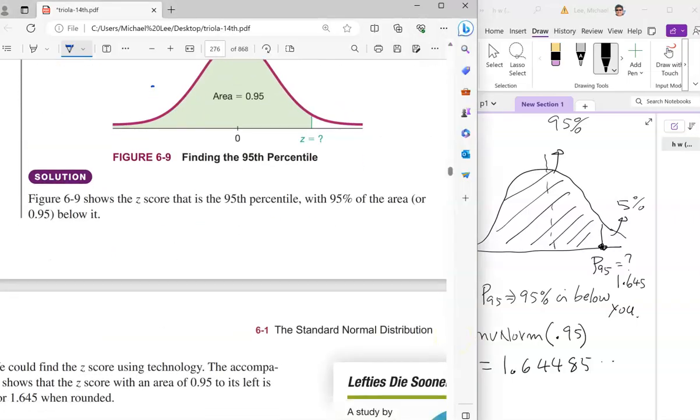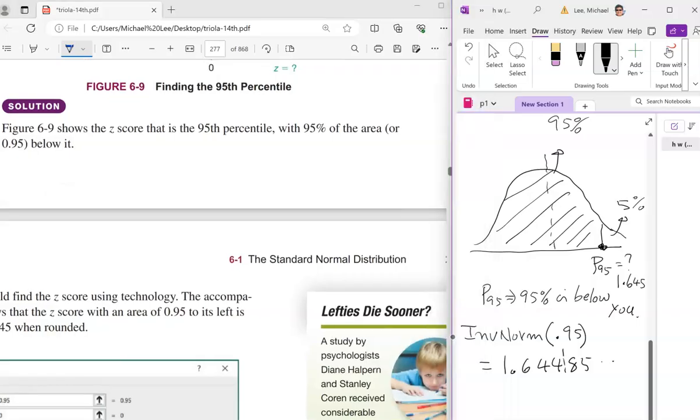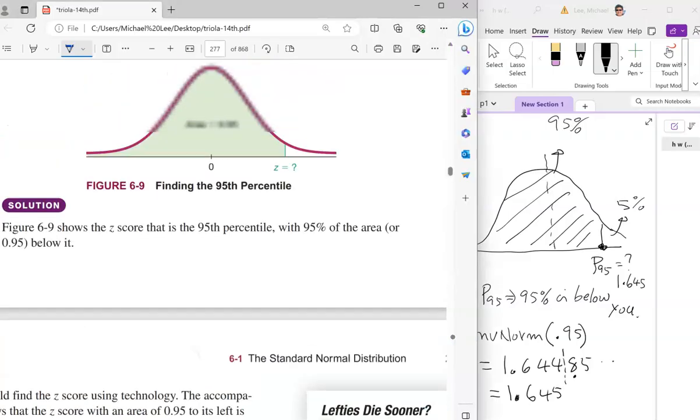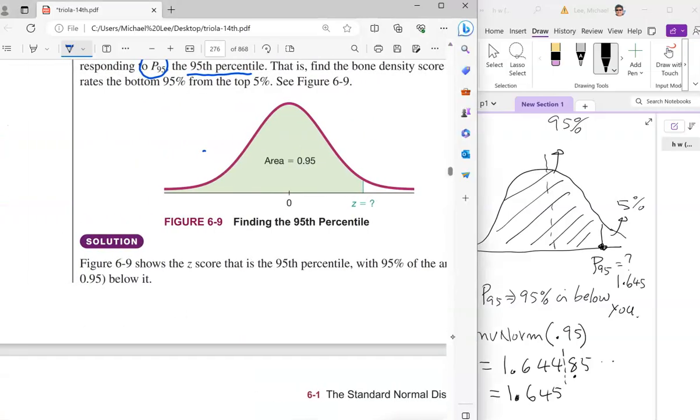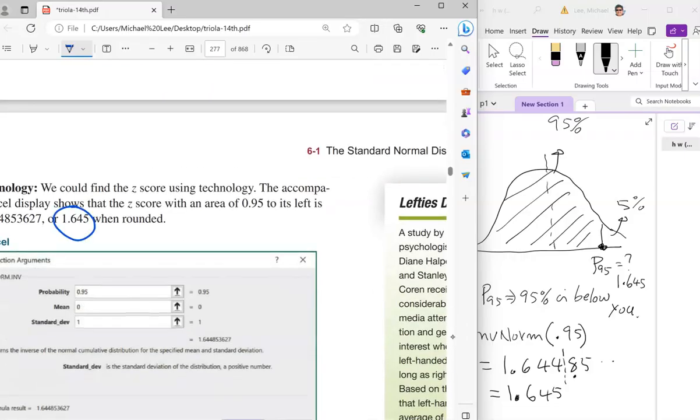They want 3 decimals. So this number is 8 already, so it should be 1.645. As you can see, 1.645. Okay.